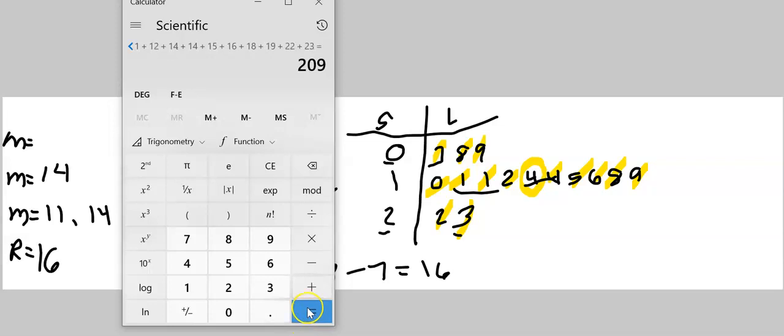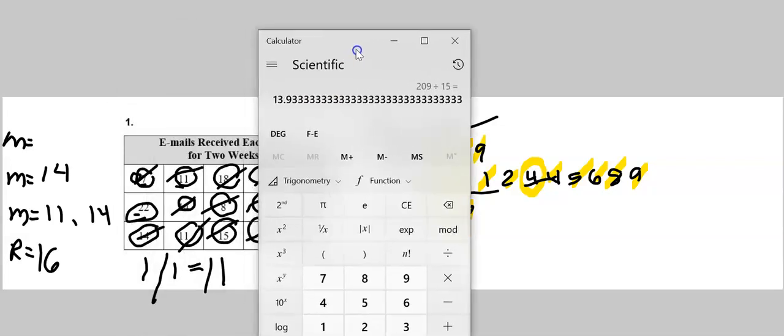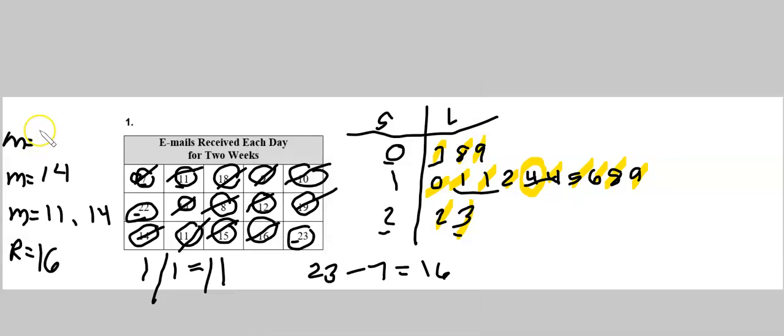And that gives me a grand total of 209. And I'm going to divide that by 15. When I do that, I get 13.93 repeating. So my mean is going to be 13.93 repeating, I'm sorry.